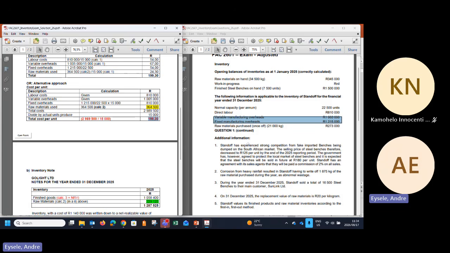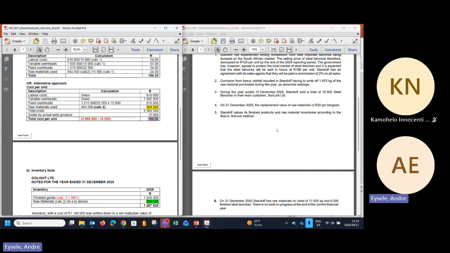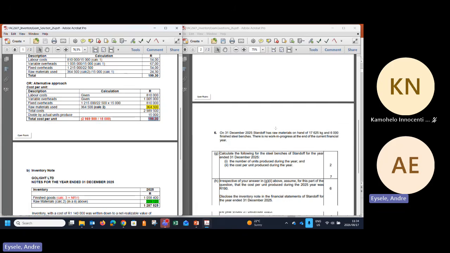And that, colleagues, is exactly what I've explained to you in the theory. We've just applied the theory in a practical example. We will come back to the slides now, but this was the last semester examination question of how to deal with inventory and practically apply it.